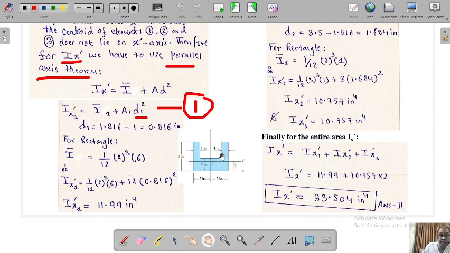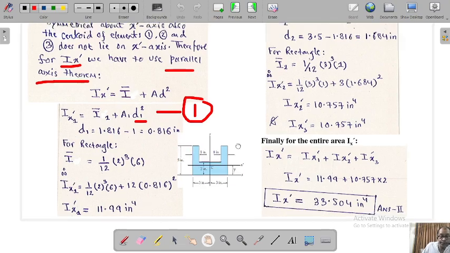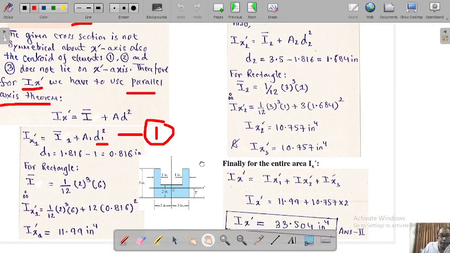So for the second rectangle, Ix dash 2 is equal to I2 plus A2 into D2 squared. Here I2 is the second moment of area about the centroid of this rectangle; this is the axis passing through the centroid of this rectangle.